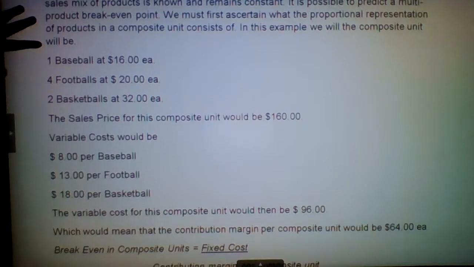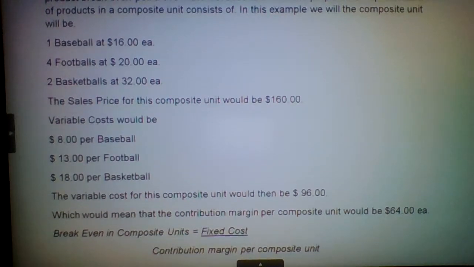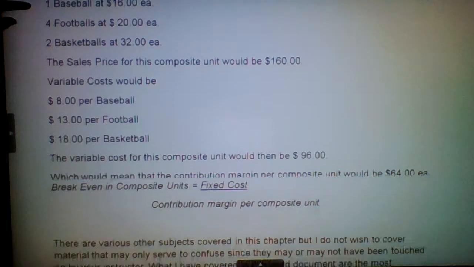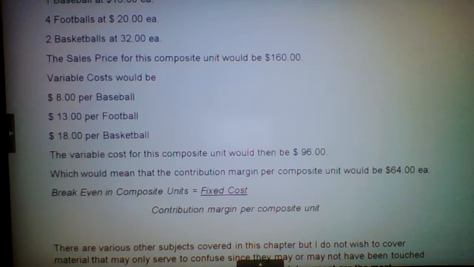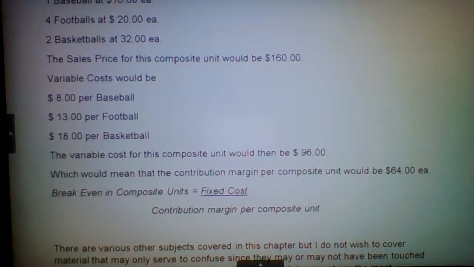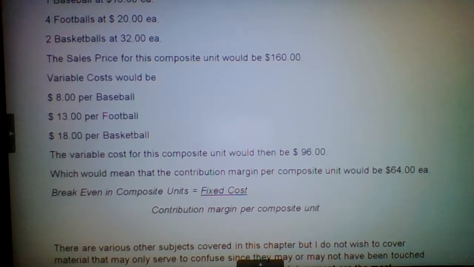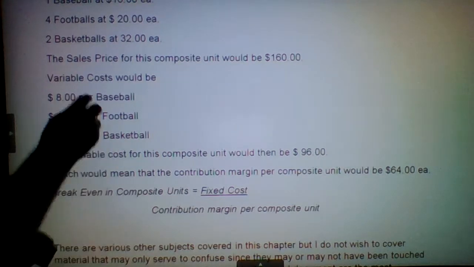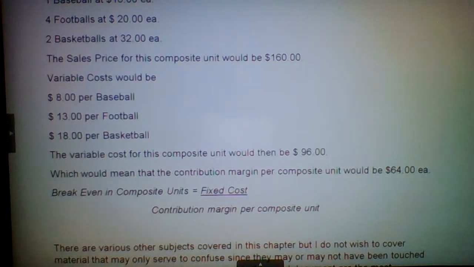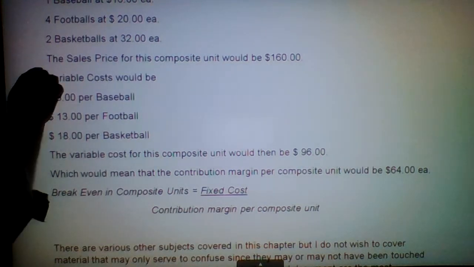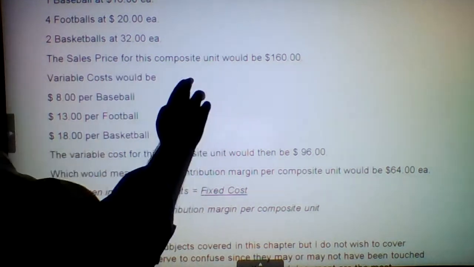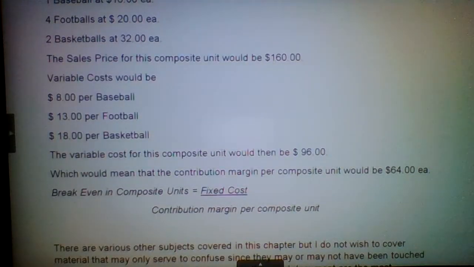So we're going to talk about a contribution unit here, or a composite unit. So this company that we're talking about, for every one baseball they sell, they also sell four footballs and 2 basketballs. So one baseball at $16 each, 4 footballs at $20 each, 2 basketballs at $32 each would make the sales price for this composite unit $160.